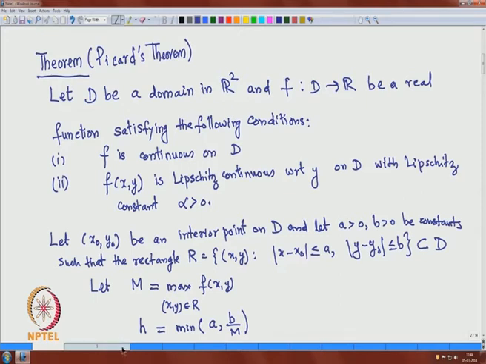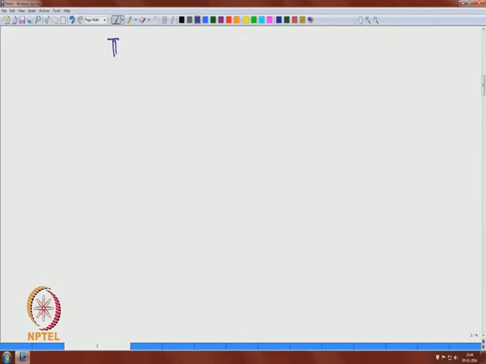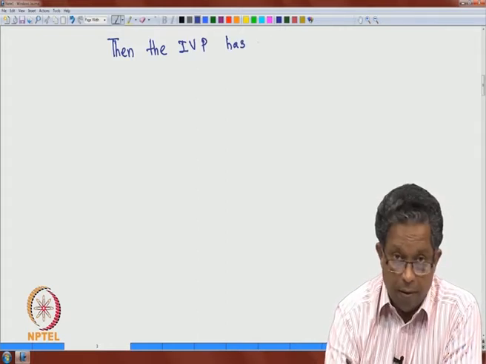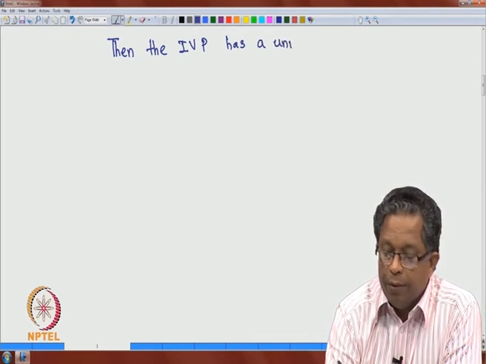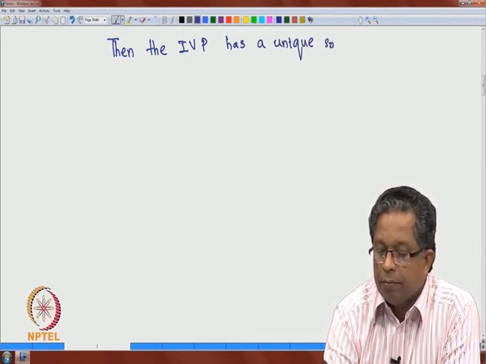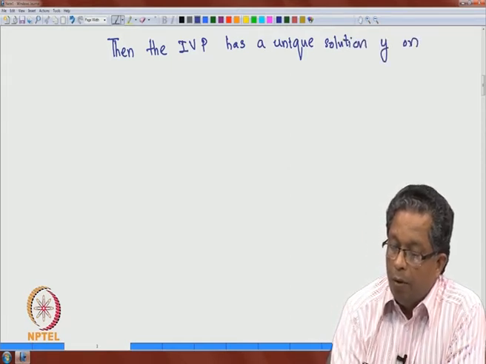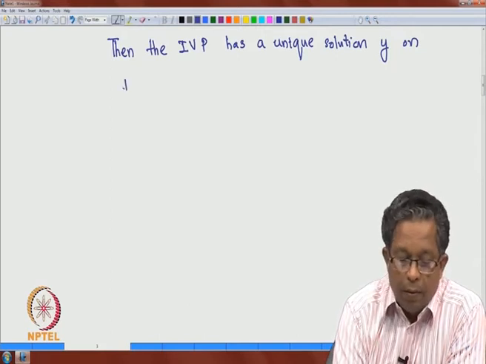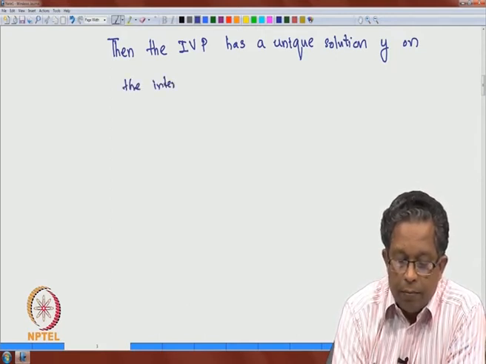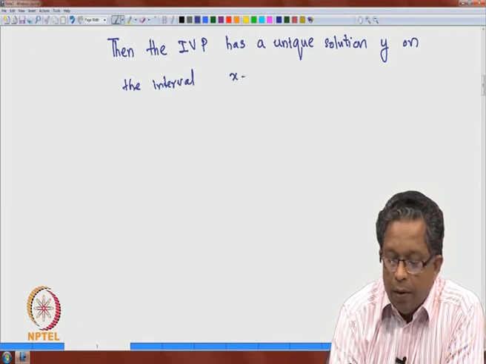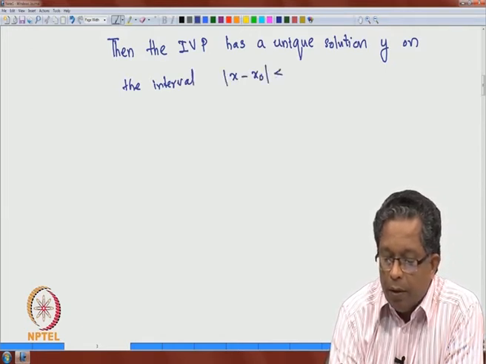Then the initial value problem has a unique solution y on the interval |x minus x 0| is less than or equal to h.